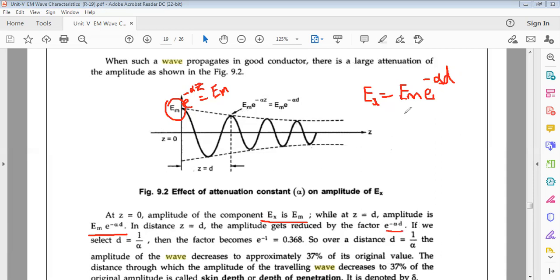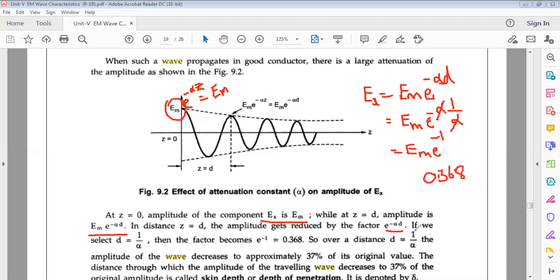Now if I assume the distance d in terms of alpha, then alpha gets cancelled: Em into e power minus 1. Then the factor becomes e power minus 1, the value is 0.368.